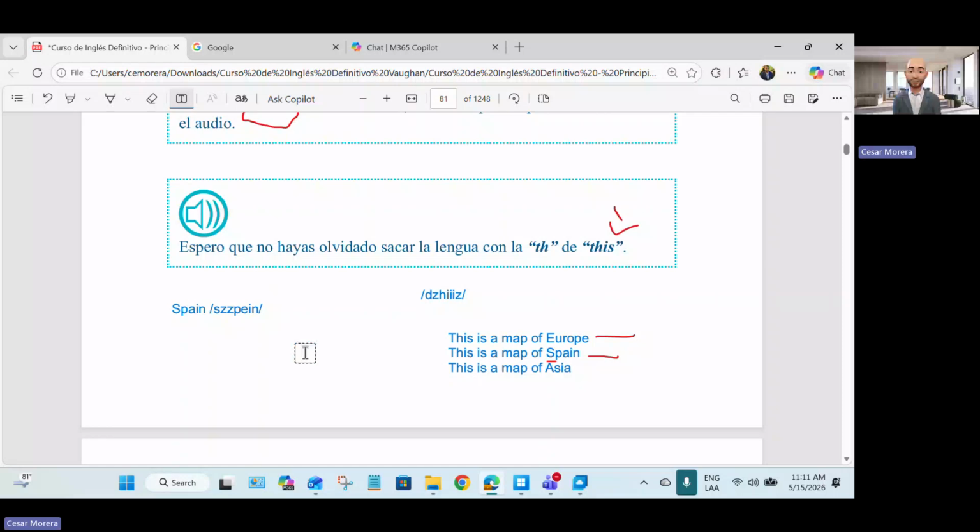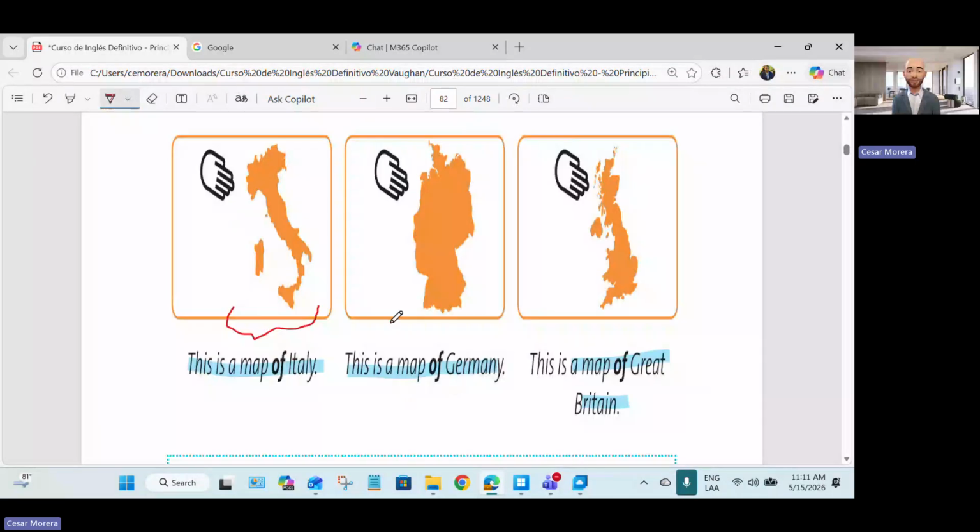Let's go one more time. Repeat after me. This is a map of Italy. This is a map of Germany. This is a map of Great Britain. Good job. Keep going.